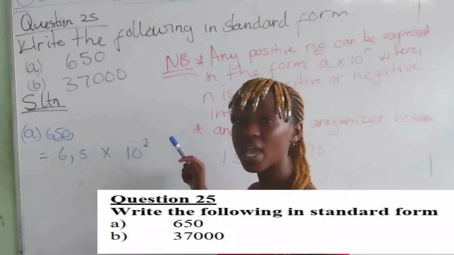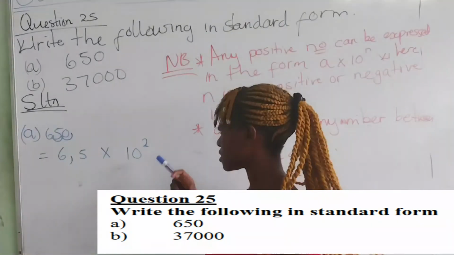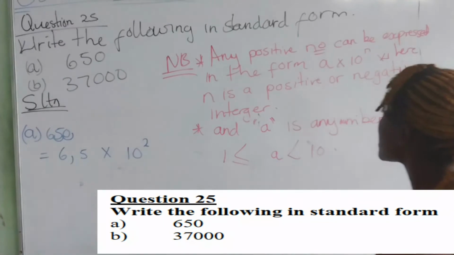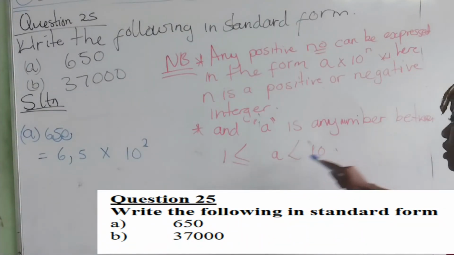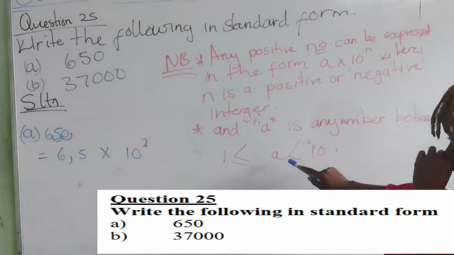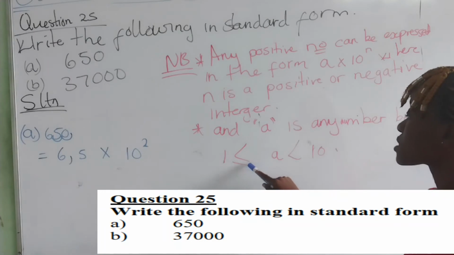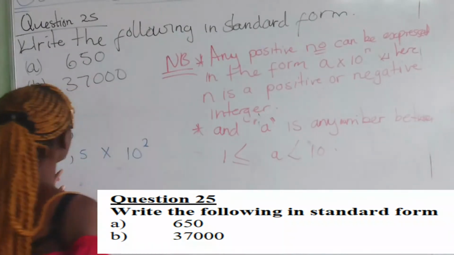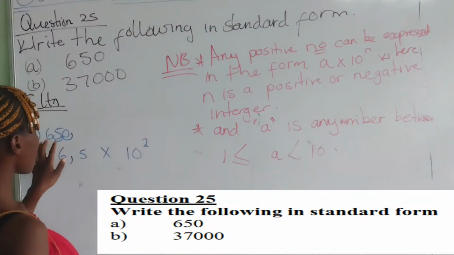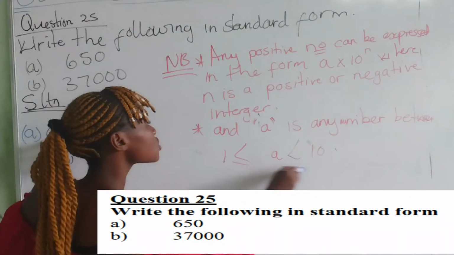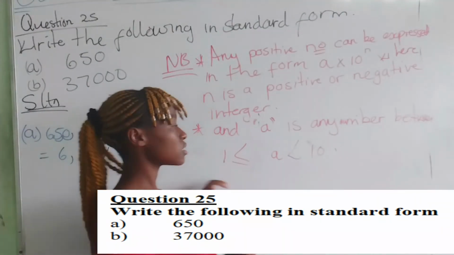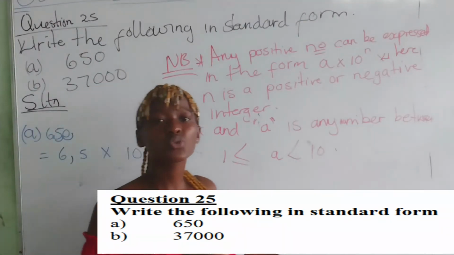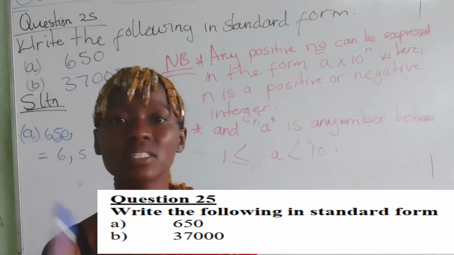N can be either positive or negative, okay? And a is any number greater or equal to 1 and less than 10. Okay, so meaning that our 650 has to have an a which is within that range.